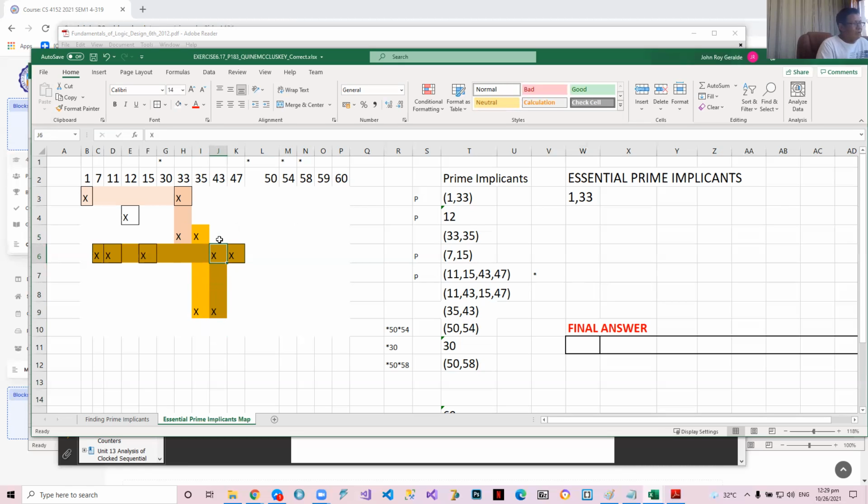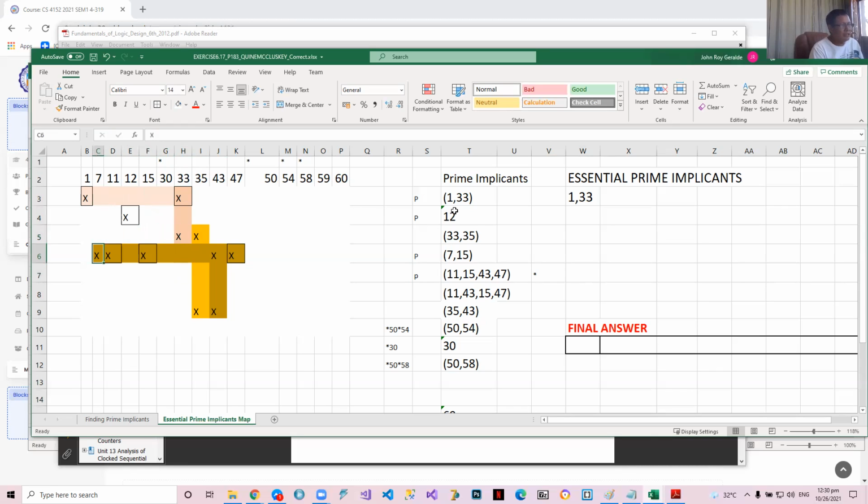But what will happen to this? 33, 35. Tinamaan na siya. 33, 35 is hit by 133. Right? Okay. 33, 35 is already covered. Okay. Tinamaan na siya nito eh. Itong pair na to is already covered by this. Okay.